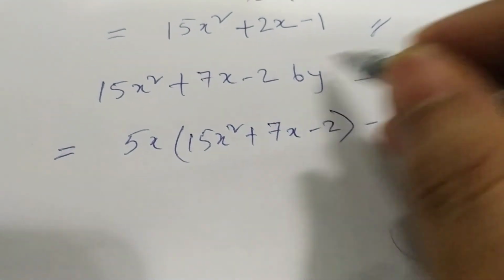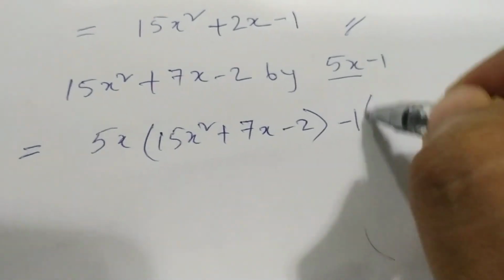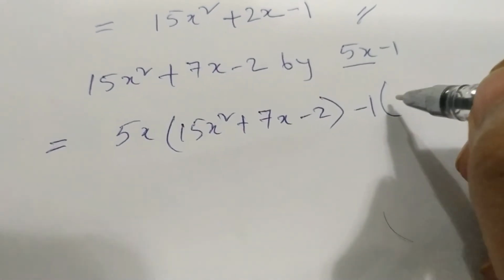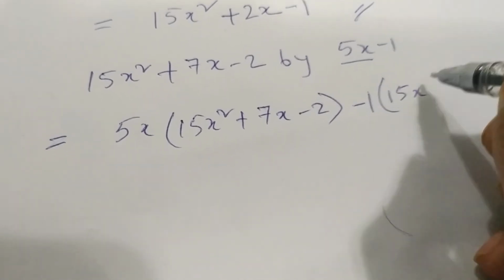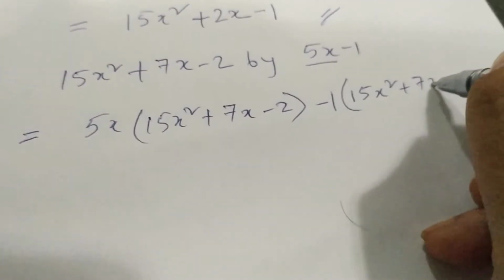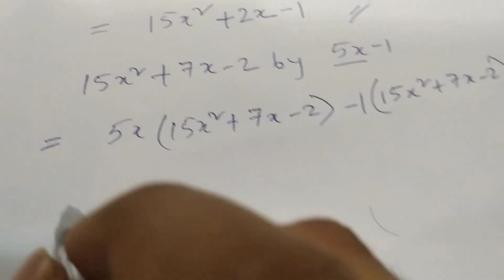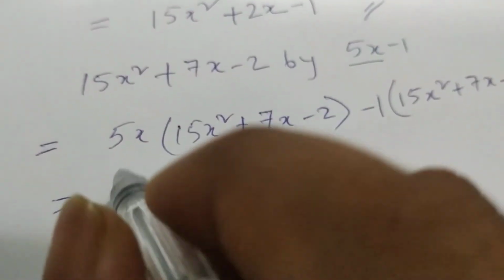Then with minus 1 I will multiply the whole thing. So it's very easy, just multiply.